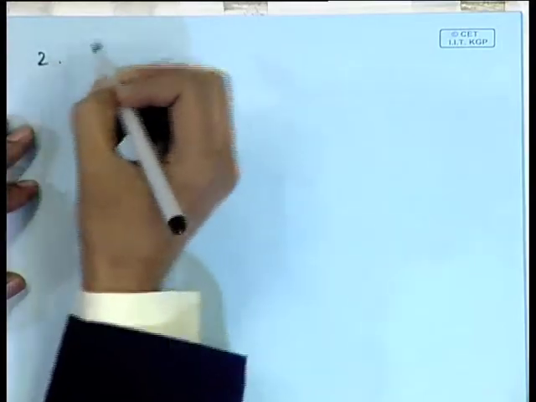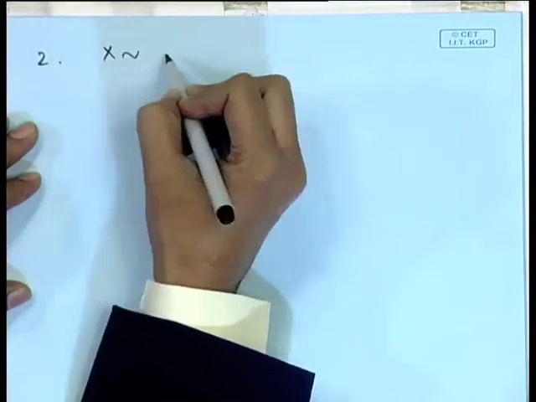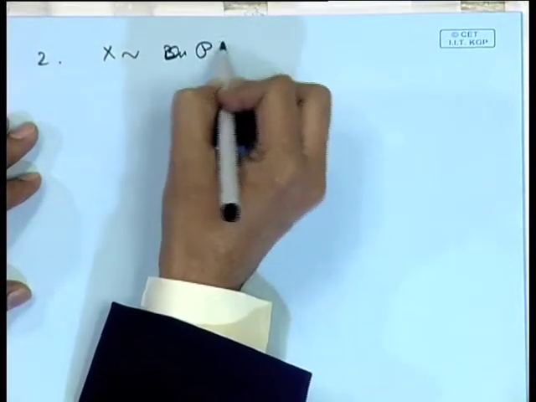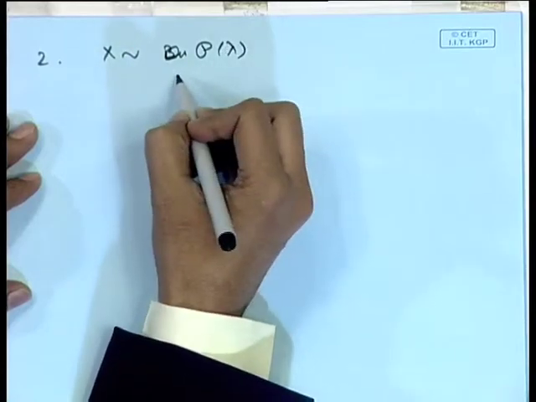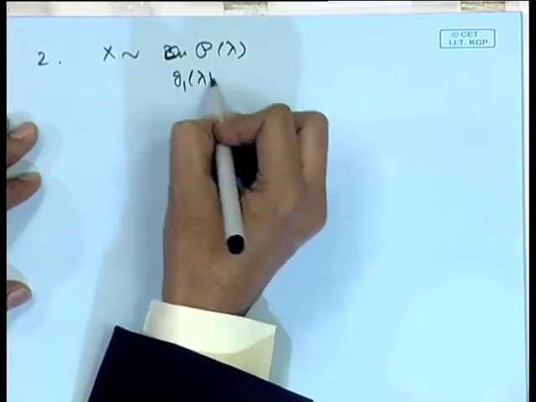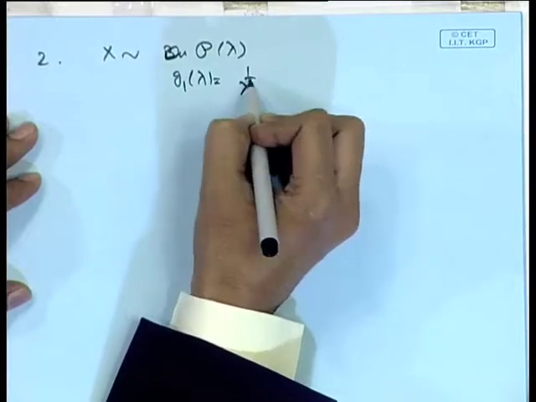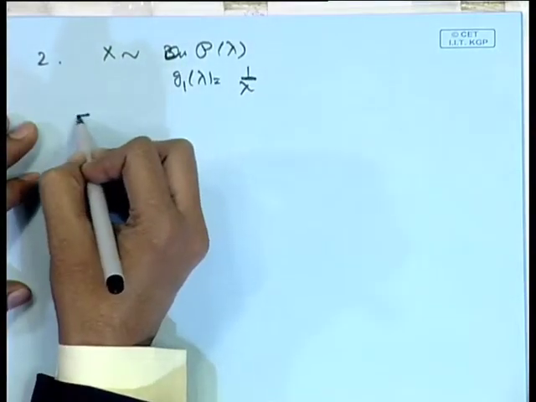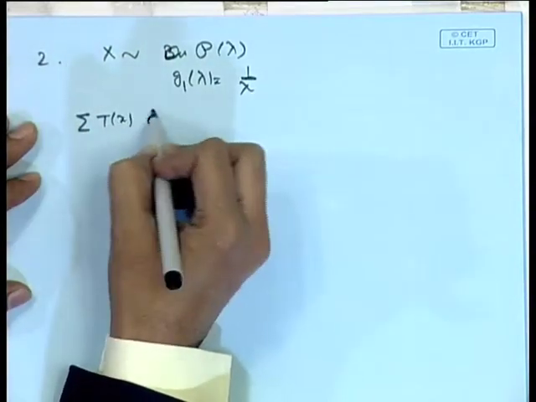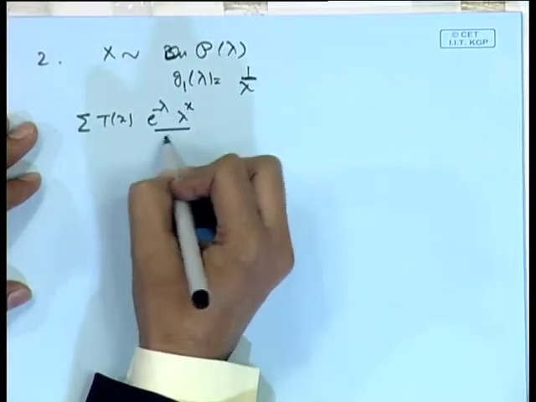We may take another example, say X follows Poisson lambda, and again I want to estimate say g(lambda) equal to 1/lambda. Then sum of T(x) e to the power minus lambda, lambda to the power x by x factorial.